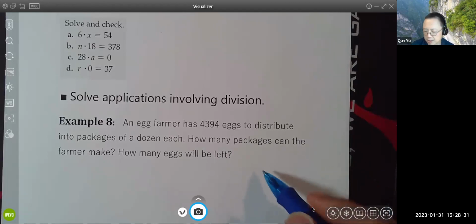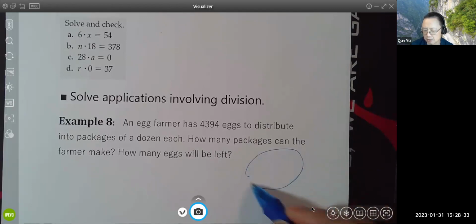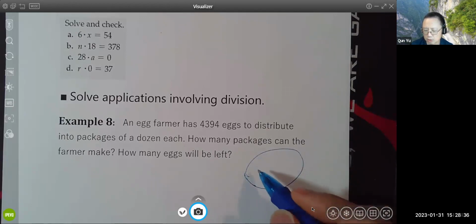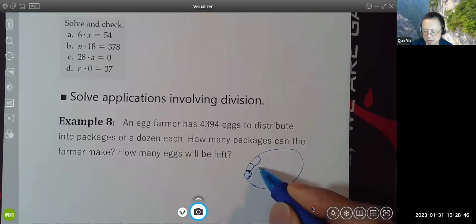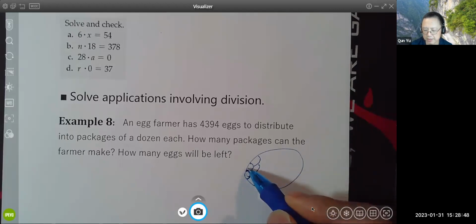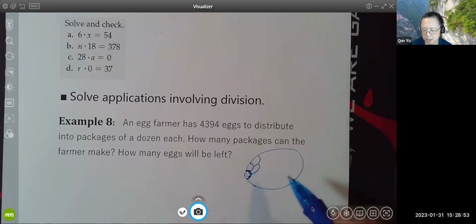Now, imagine you have all of these eggs. You put them into dozen egg packages. Let's imagine this is a 1 dozen egg package. This is another package. This is another package. Each package will contain 12 eggs. That means every 12 eggs will be one package.